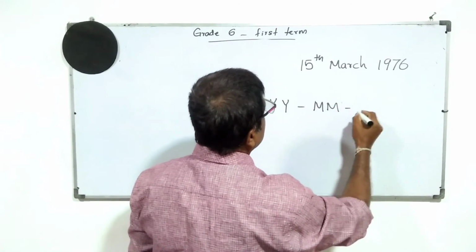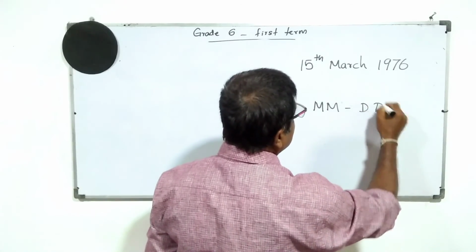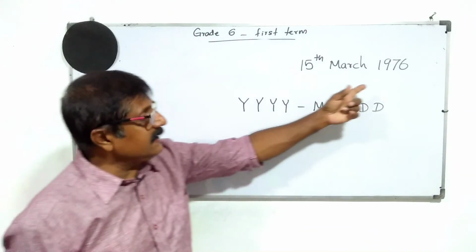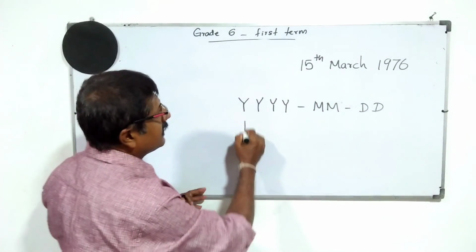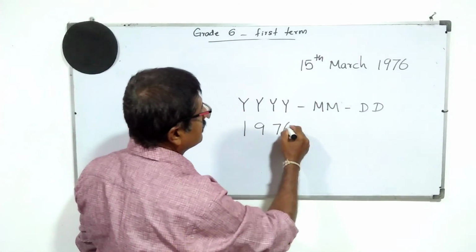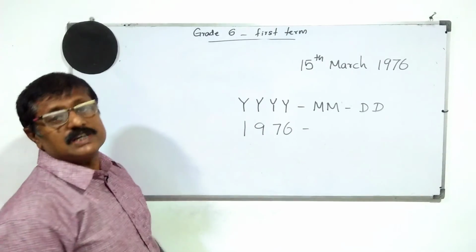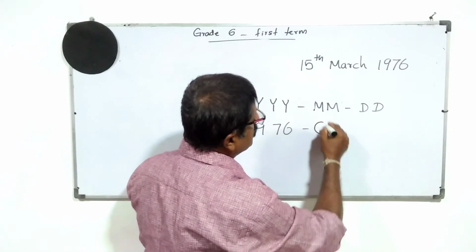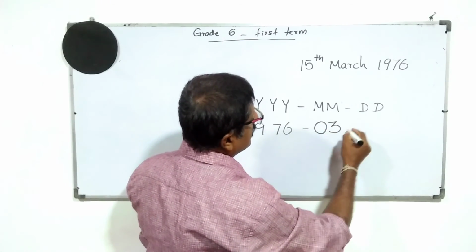YYYY, MM and DD. You have to write the year in 4 digits: 1976. March is the third month, but there must be 2 digits: 03.